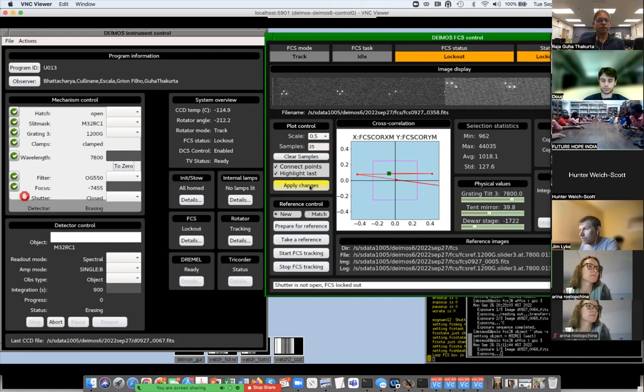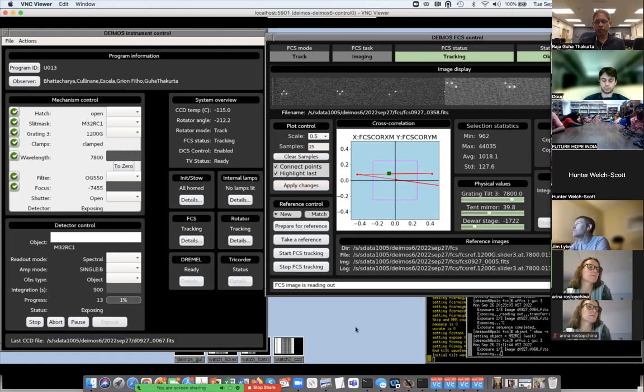Now it started. Oh, lockout. It's just erasing. Just the erase. Okay. So it temporarily closes the shutter during the erase. Okay. All right. This is good.